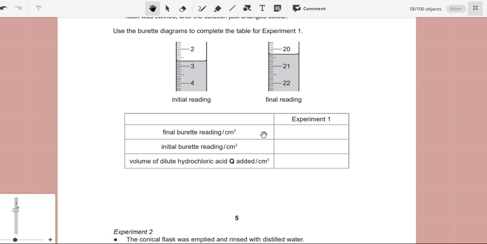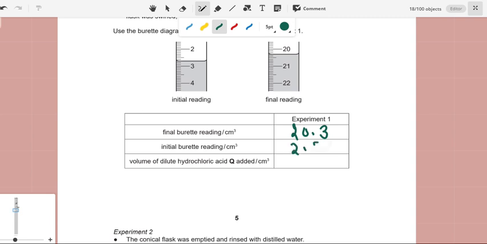The final burette reading is 20.3 and the initial one is 2.7. The difference, the volume of dilute hydrochloric acid used, is 17.6.